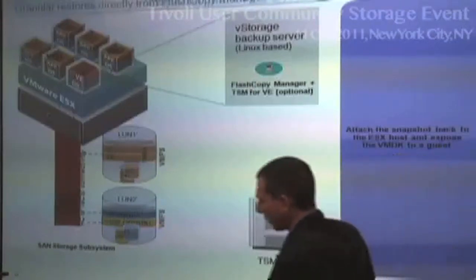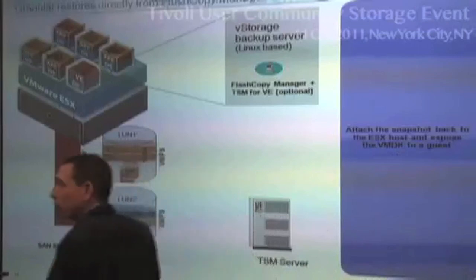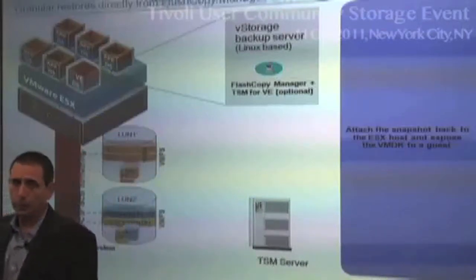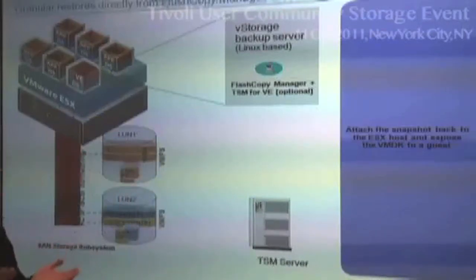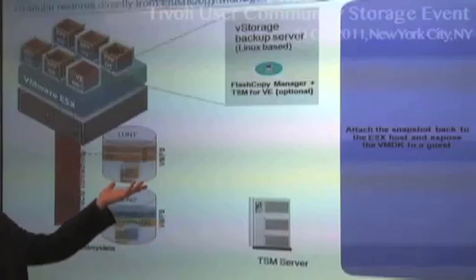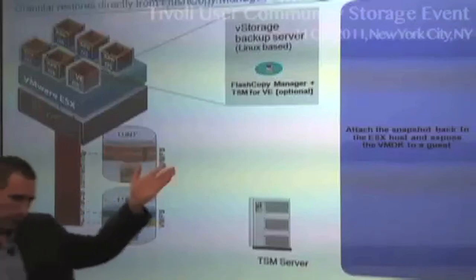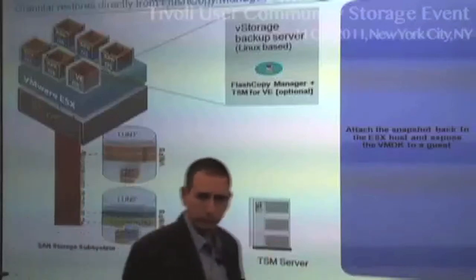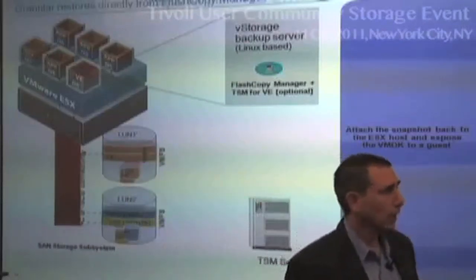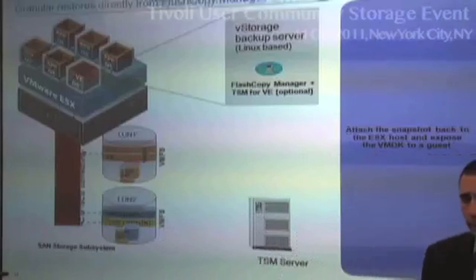You want to do granular recoveries, almost as easy. You attach it back to VMware and say, take this VMDK, expose it back to a virtual machine. It pops up as a drive letter, as a /user/bin, whatever you decide to assign to it. And then you can just go ahead and grab a single file out.